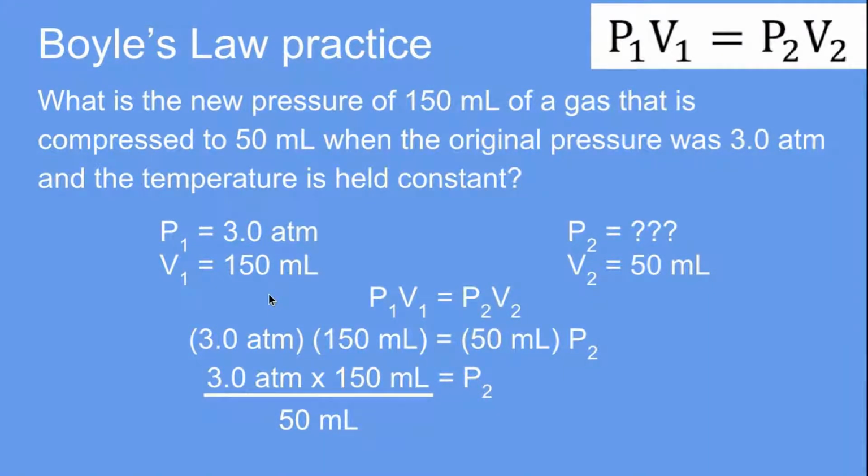These will cancel out. So my final calculation is 3.0 atmospheres times 150, all divided by 50. When you do that in the calculator, you get the result of 9.0 atmospheres. Remember, the atmospheres didn't cancel with anything. And this is the pressure that I am looking for, 9.0 atmospheres.